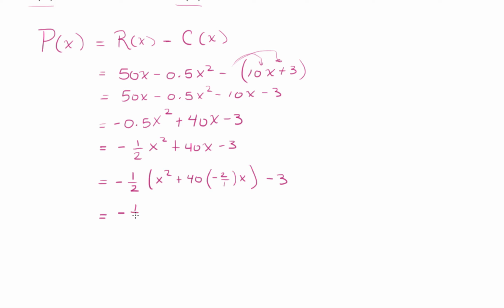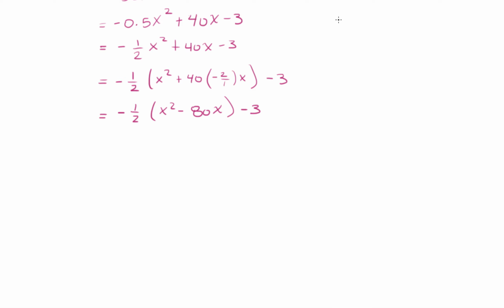So negative 1/2 x squared minus 80x. Now we do the b over 2 squared. B here is negative 80, so negative 80 over 2 squared. That's equal to negative 40 squared.